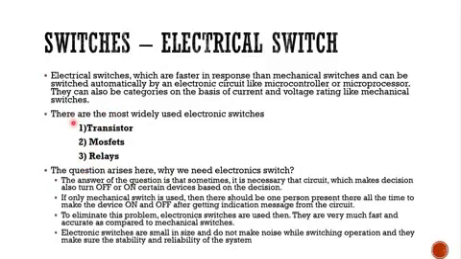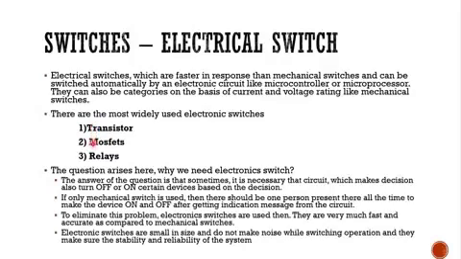So for electronics, we also have electronic switches. Okay, so these are the most commonly used. We have the transistor, we have the MOSFET, and also the relay. So why do we need electronic switches? Sometimes, depending on the circuit, if we want fast switching, we need to consider speed.